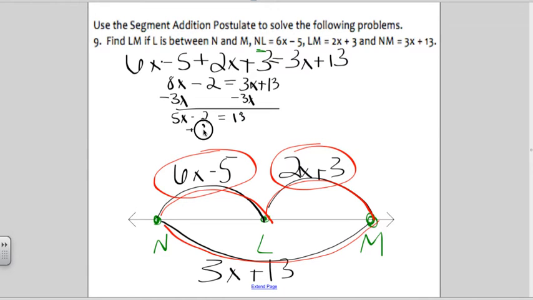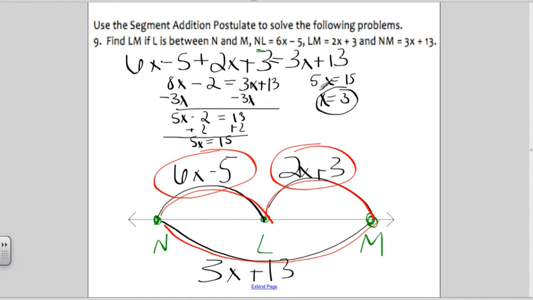Now I'm going to add 2. So 5x equals 15. Okay, I'm going to move that over a little bit. 5x equals 15. Divide by 5 and you get x equals 3.